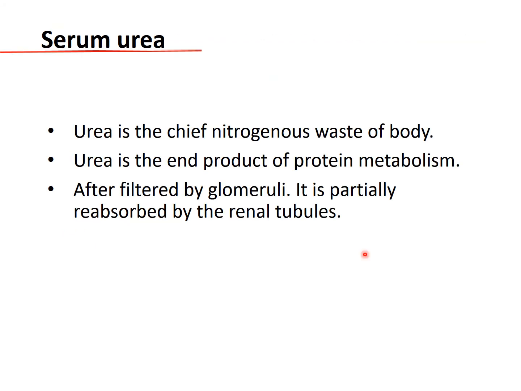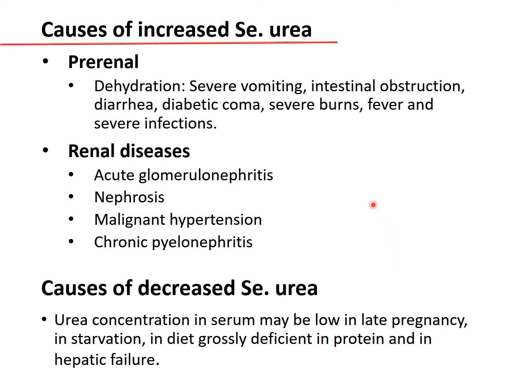Serum urea is the chief nitrogenous product of the protein metabolism. What can alter the serum urea level? If you have, for example, some pre-renal causes such as dehydration due to severe vomiting, intestinal obstruction, diarrhea, diabetic coma, severe burns, fever, and severe infections.